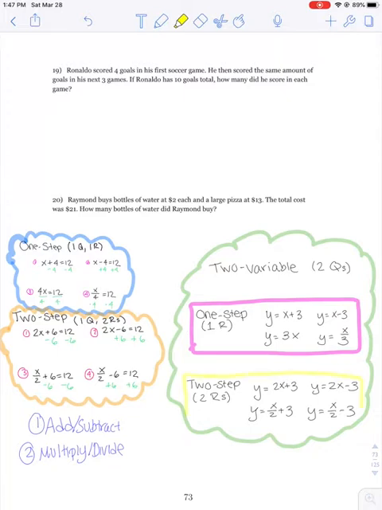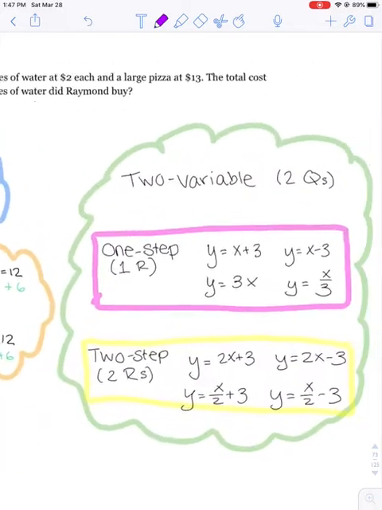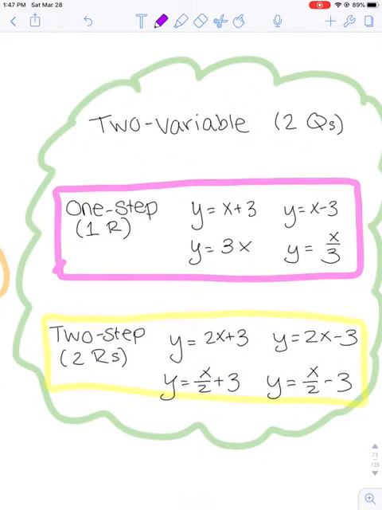The two-step equations, I lost my highlighting, let's put that back. The two-step equations with two variables will have two quantities, but these will have two relationships because there's two operations. So those can look like y equals 2x plus 3 or y equals 2x minus 3.